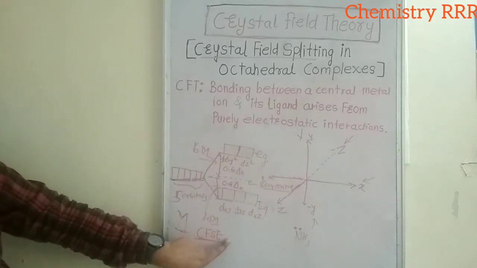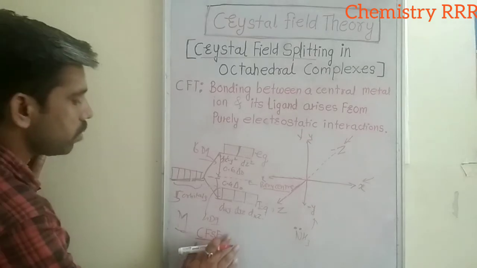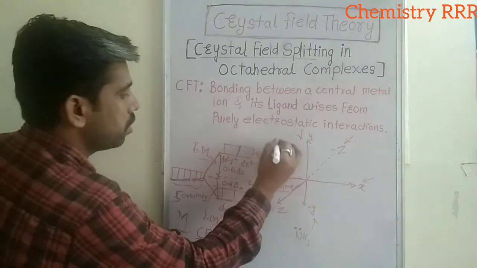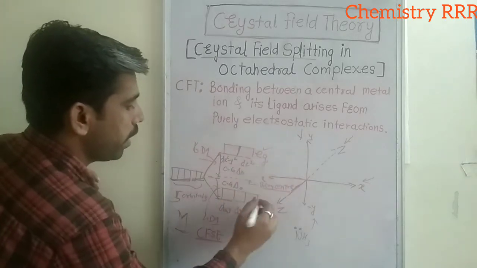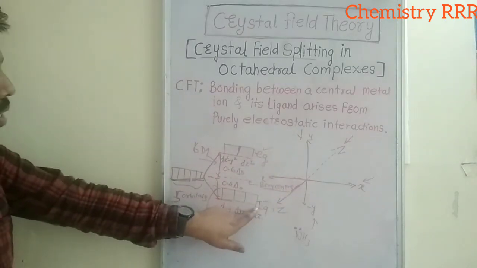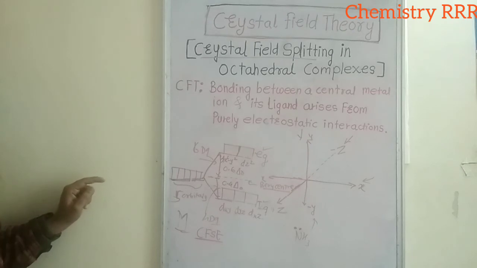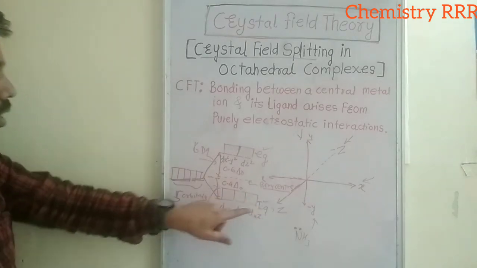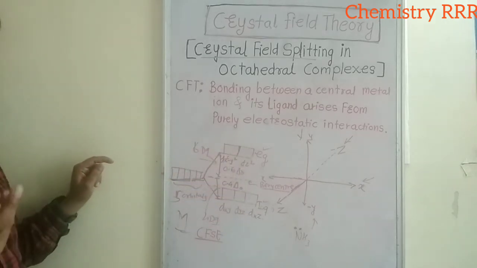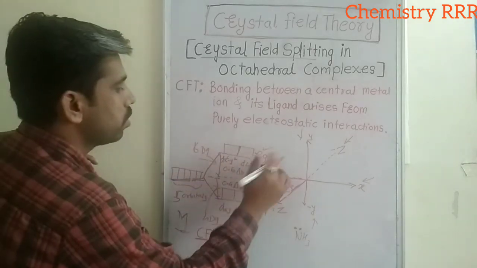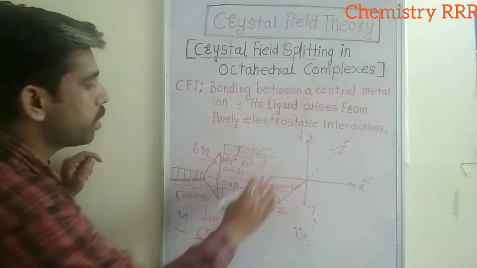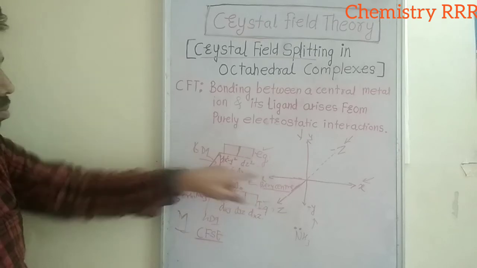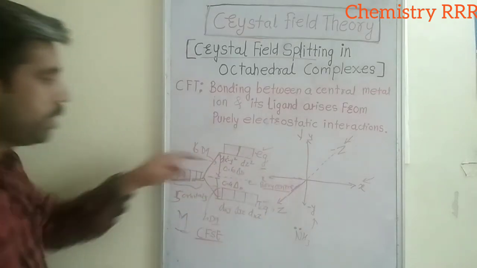Now let's discuss what is the meaning of the T and E. T means triply degenerate orbitals, that is these 3 orbitals, and E means doubly degenerate orbitals. Now the g is present here in T2g and Eg. Why do we write the g here?